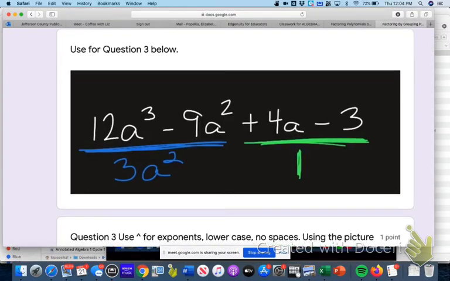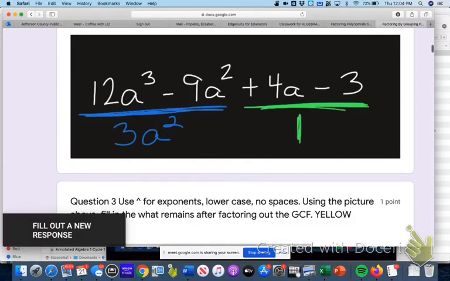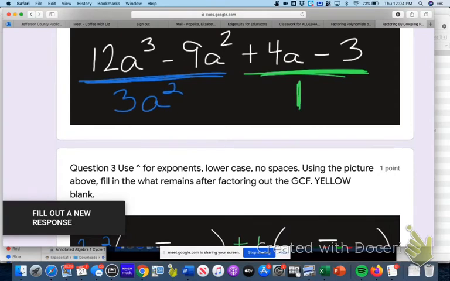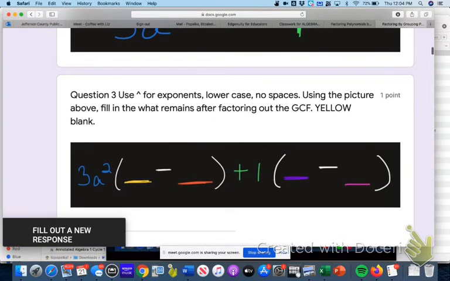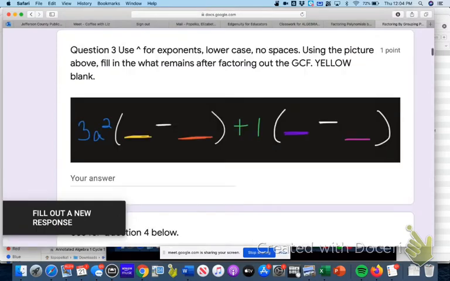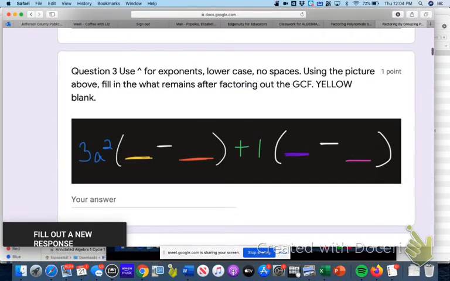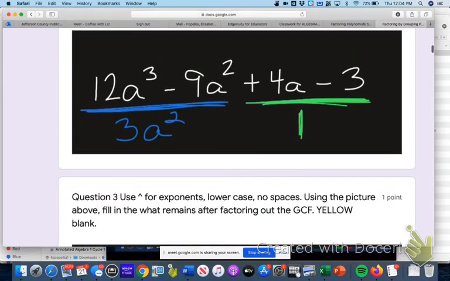So for question number 3, now we've got those greatest common factors there. Now it's asking us to fill in what's going to be left over after you factor out that greatest common factor. So it's asking what goes in the yellow blank. In other words, we're going to take out that 3a to the second, like we're going to factor it out. And it's asking what's going to be left over in that term after you factor out a 3a to the second from 12a to the third.